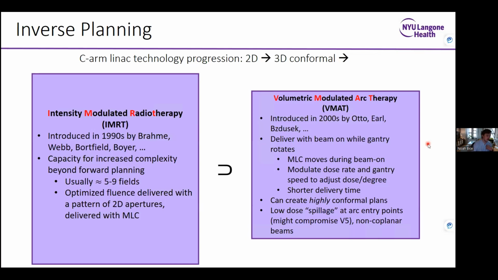Volumetric modulated arc therapy, or VMAT, came along about a decade later. And the idea behind VMAT is that you can increasingly improve your ability to meet coverage objectives by introducing more IMRT fields. So what VMAT tries to do is treat over the duration of a complete arc, and use the fact that we're entering the patient from all these different gantry angles to create a more conformal plan to the target.